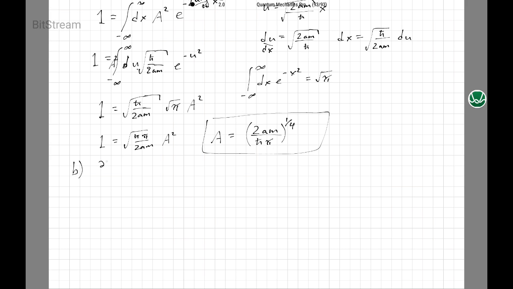So I have my Schrödinger equation, i h bar over 2m del psi del x squared minus h bar over i V psi.